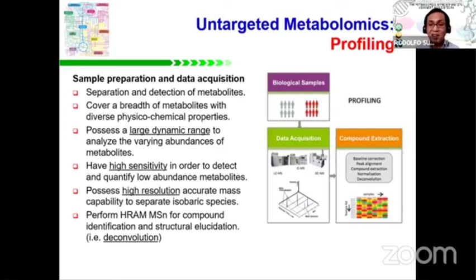They're normally present in small or minute concentrations in your biological fluid. So if you use an instrument with very small dynamic range, you will not be able to capture these important signaling metabolites. Okay, and at the same time, you also need to cover those metabolites of large abundance.